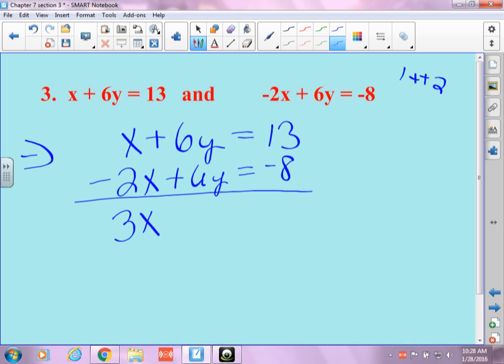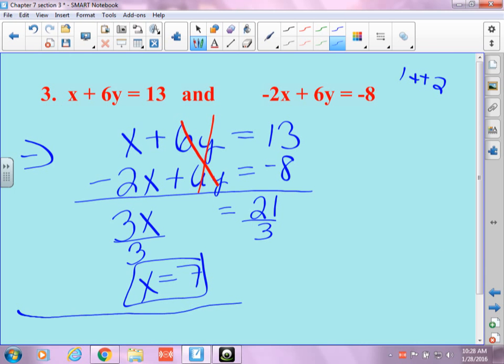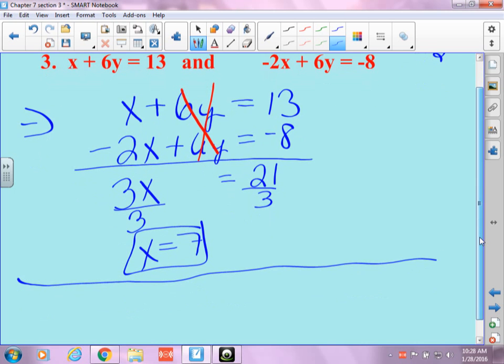That doesn't hurt anything. 6y minus 6y is 0, I eliminated it. Don't put the 0 in your equation. Equals 13 minus a negative 8 gives me 21. Divided by 3. x gives me 7. Okay, now what?